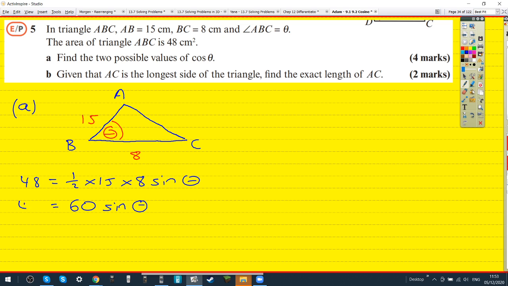And then I divided by 60 on both sides, which gave me 0.8 equals sine theta. And then I did the inverse of sine, sine to the minus 1 of 0.8, which gave me 53.1301 degrees.